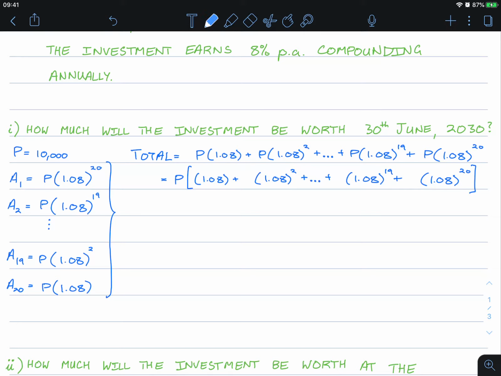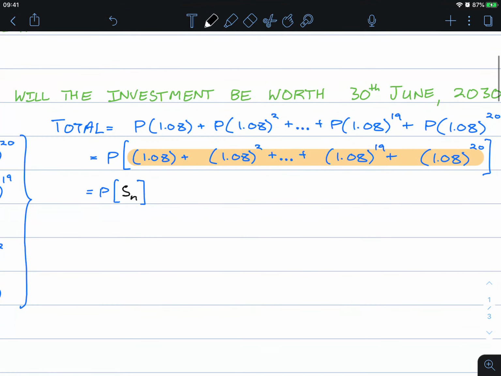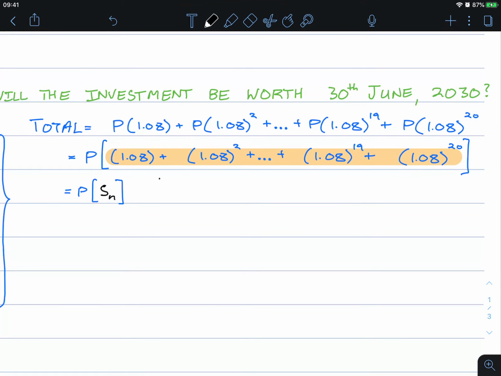Now if you take a look, everything inside this square bracket is actually a geometric progression. So we can consider this as P times the sum of that progression. In that progression, the first term, a, is 1.08.